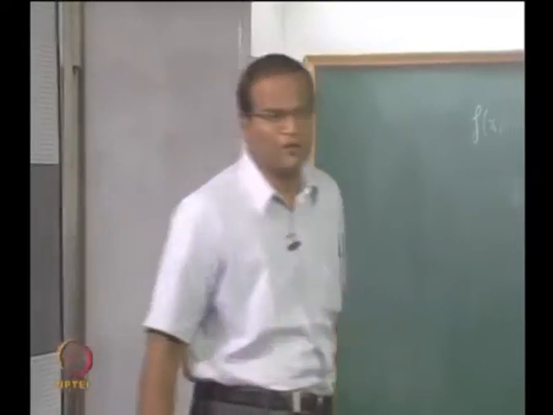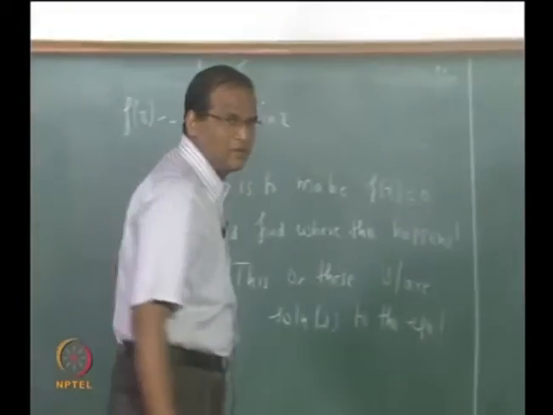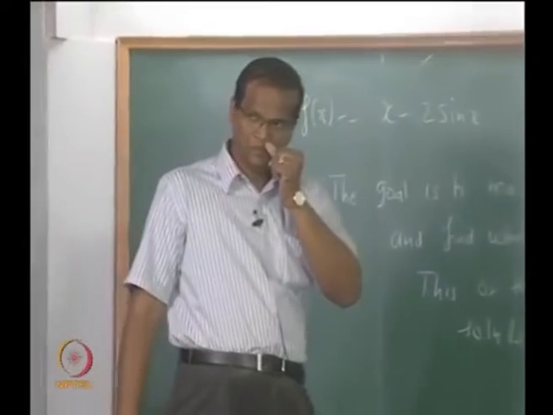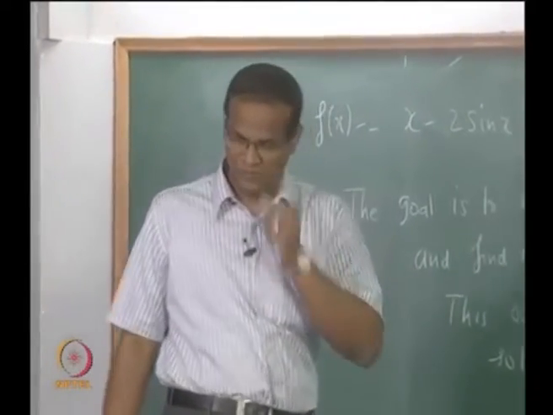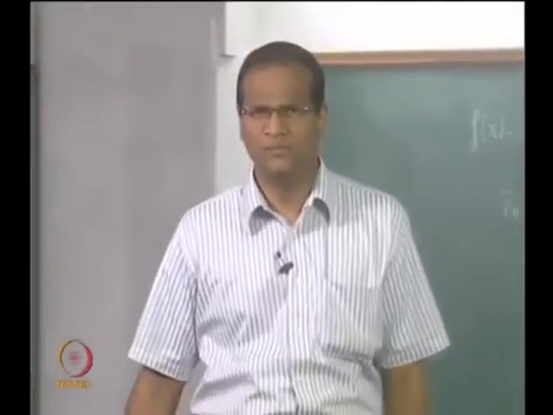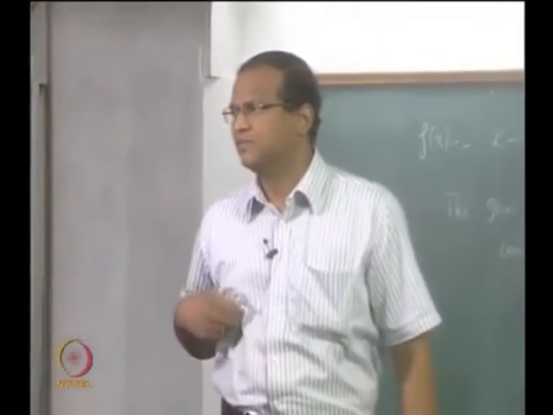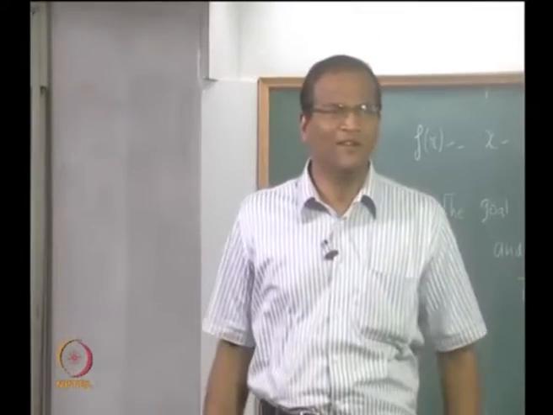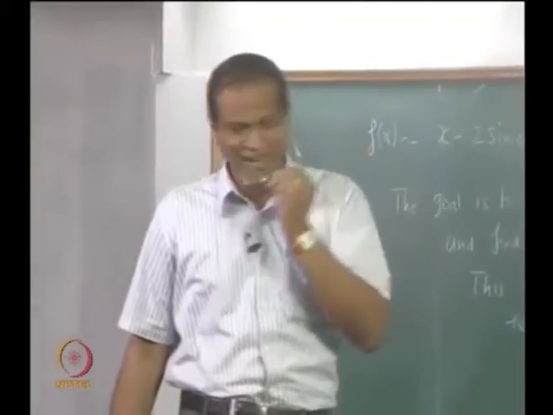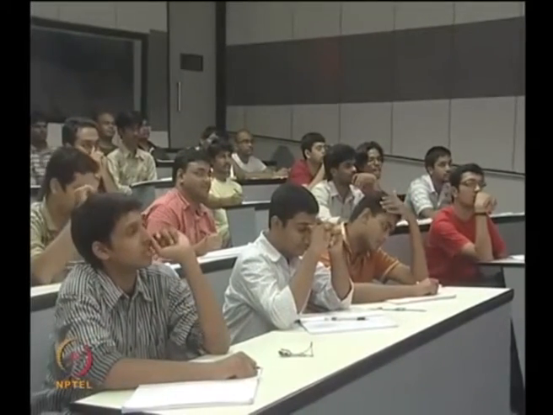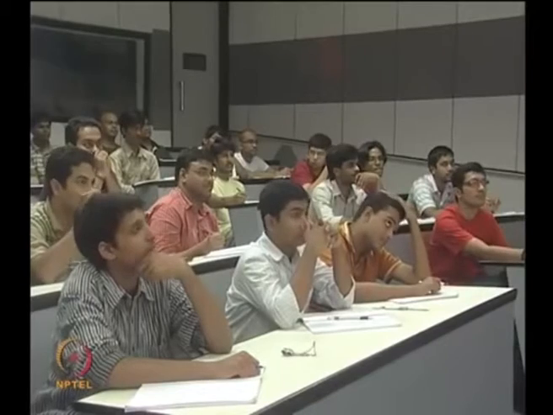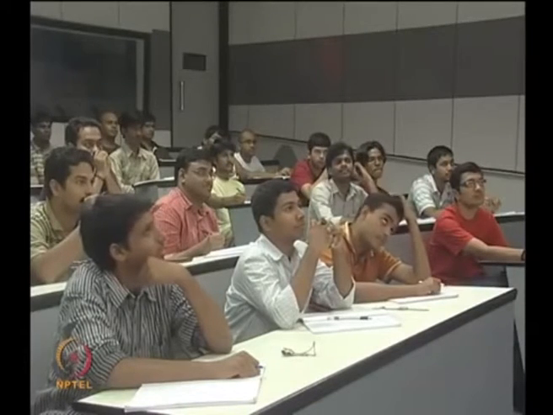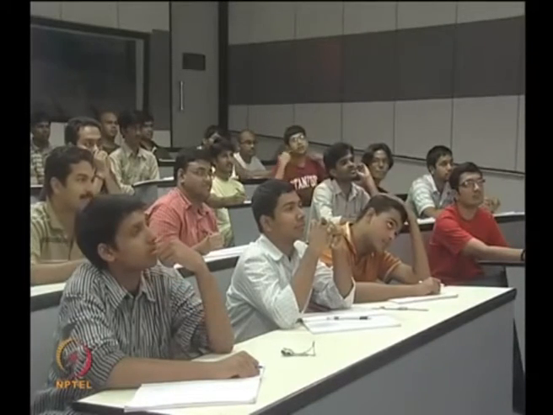So what will be the algorithm for this? We will vary x from -2 to 2 and have small increments. That is a very desi way of doing it. Yeah, it may work. But you have to get a little more formal. How do you write the algorithm? Make a guess. Right, in terms of mathematics. Hit the bullseye.